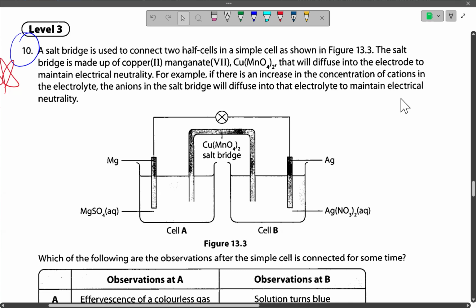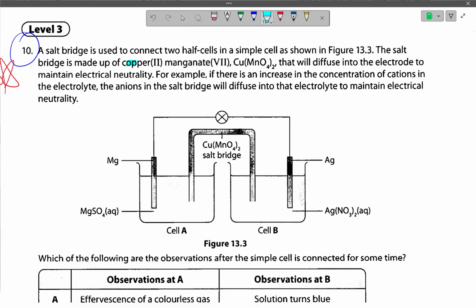So what happens is that the salt bridge is made up of copper and manganate ions. They will diffuse into the electrolytes to maintain electrical neutrality. For example, important, when there's an increase in concentration of cation, the anion in the salt bridge will diffuse into that electrolyte.